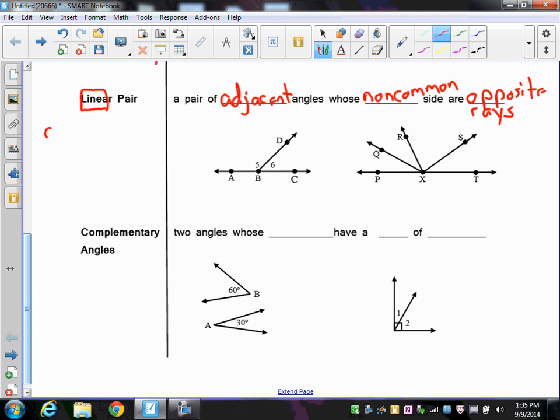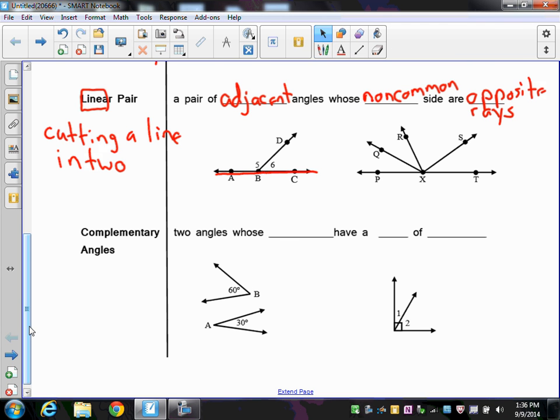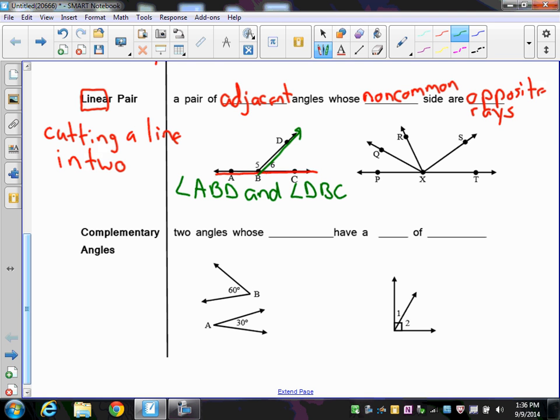And it's basically cutting a line in two. So if I take a look here, line AB is the line, and I cut it in two with ray BD. So I would say angle ABD and angle DBC are a linear pair.